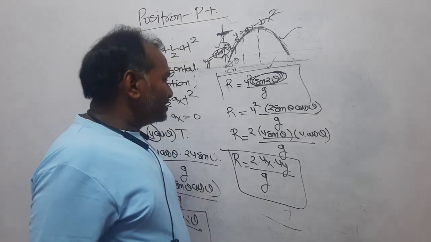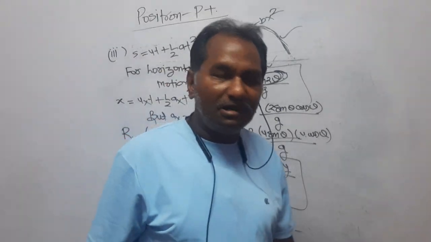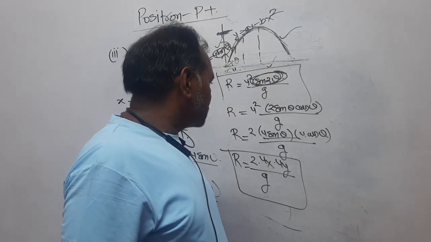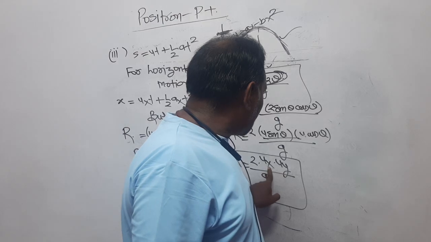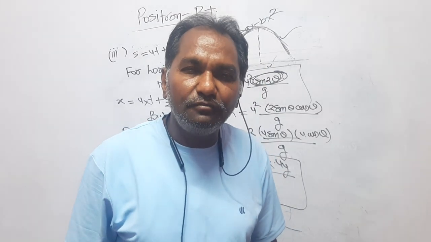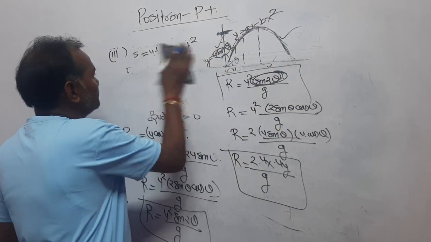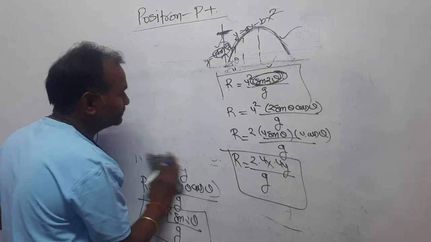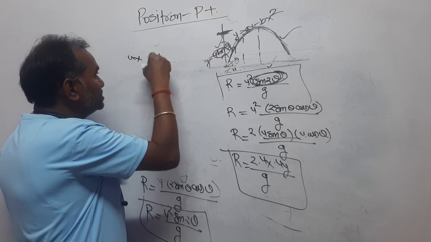Now, dear students, very interesting. If the initial horizontal and initial vertical velocity are given, then how will you find the maximum range? I'm asking you a funny question: you are given ux and uy, the initial horizontal and vertical velocity, and you have to find the maximum range.